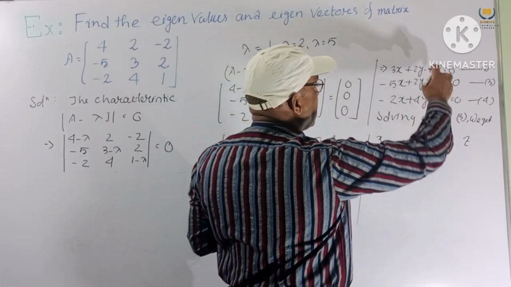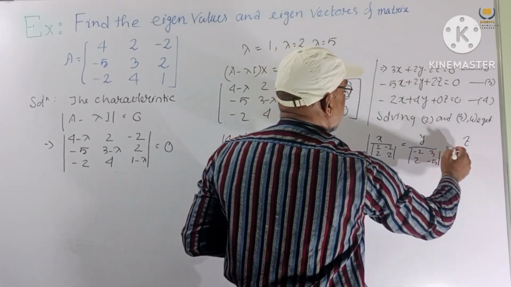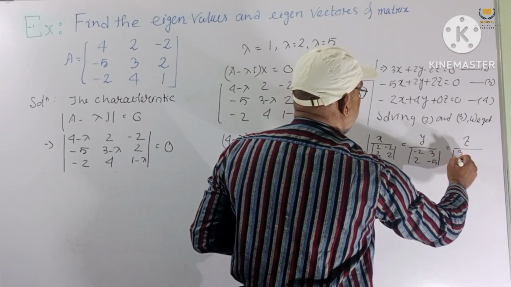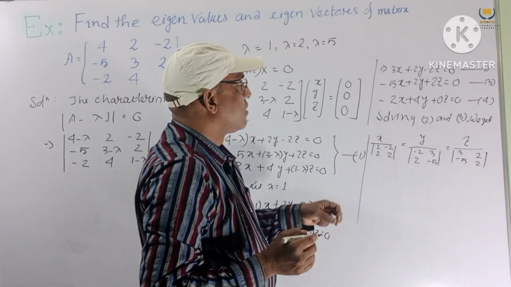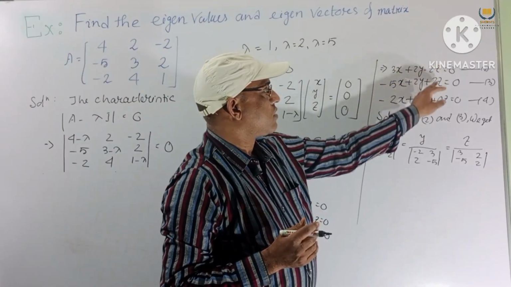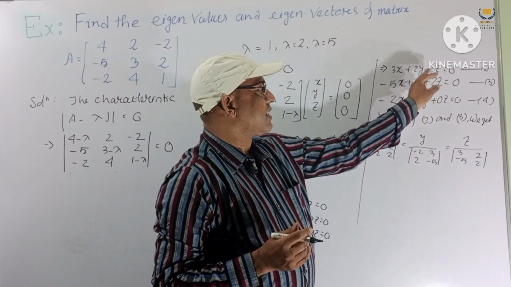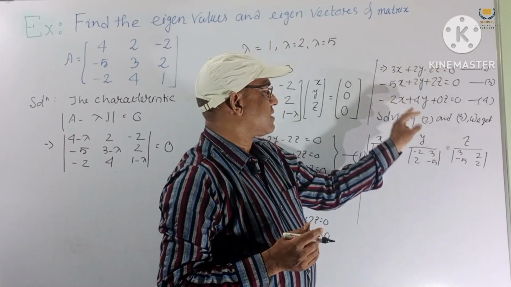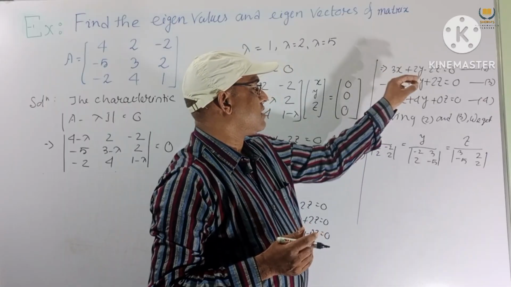And z, this one cancelled, this. 3, minus 5, 2, 2. We get this. So x, then this one cancelled, 2, 2, minus 2, 2. Y, this is cancelled, then this. And z, this one cancelled, this.